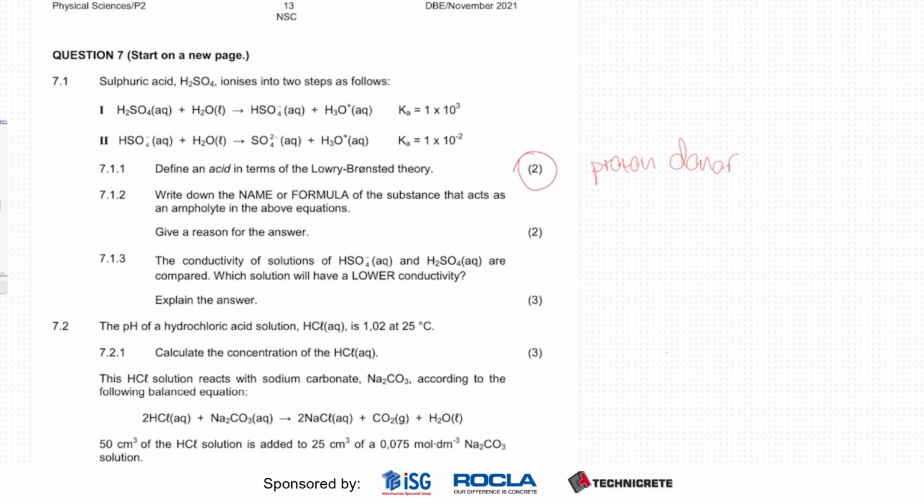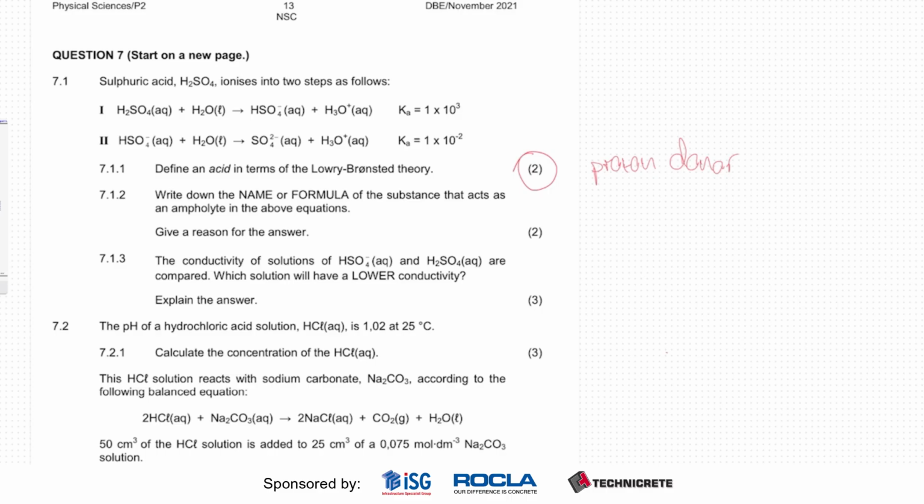Sometimes they do this just to trick you, so you might not be sure what an ampholyte is, but I'm sure you've heard of amphoterism, which is something which basically can act as an acid or a base. That's what amphoterism is. So an ampholyte is just something that has amphoteric behavior. So something that can act as both.